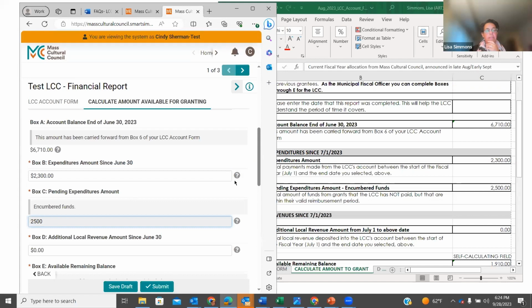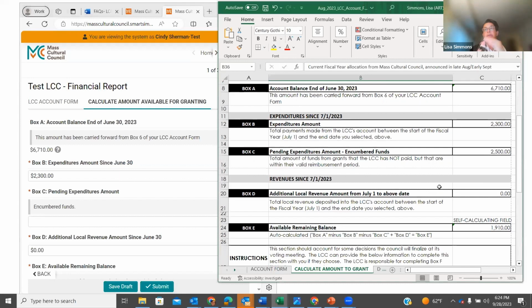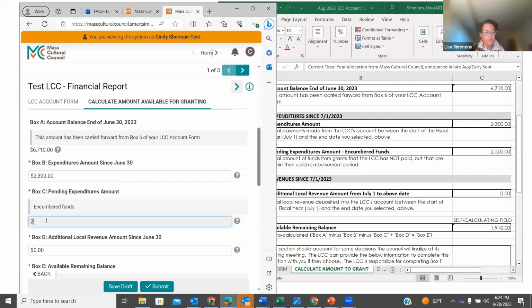That's great. And again, if you scroll over the question mark, it's going to give you that. And then it's going to ask you how much money is in the account that has not been spent yet, but that has been promised. So that's all going to be in your ledger and your town account. You're going to have that amount of money. So in this case, there's 2,500 left over because we have these folks that have not given us their information yet.